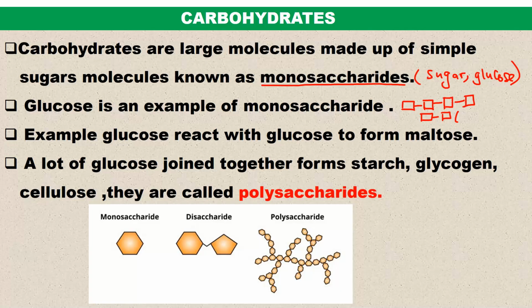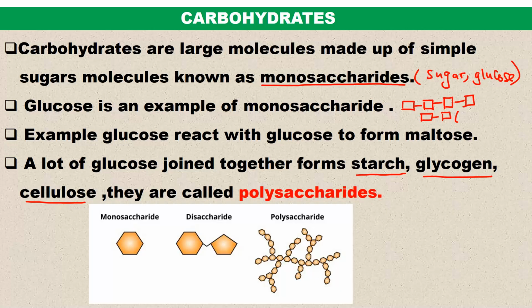What is important here is that you know examples of polysaccharides. Examples of polysaccharides, or large molecules, are starch, glycogen, and cellulose. This is very important. Glucose is the simplest unit from which polysaccharides such as glycogen, starch, and cellulose are made.